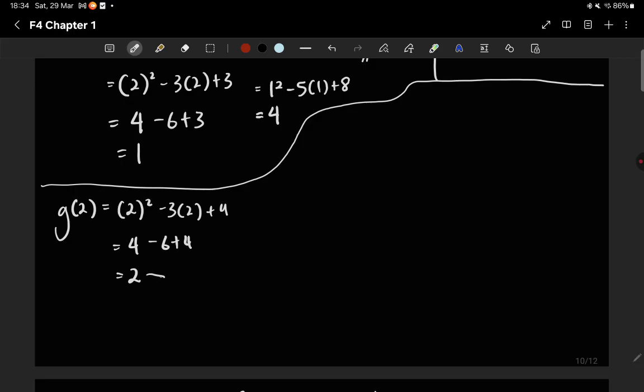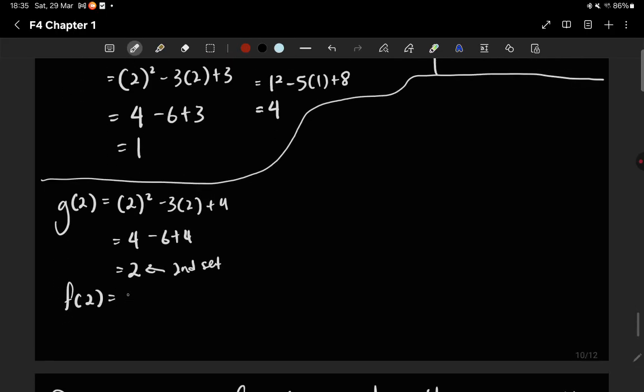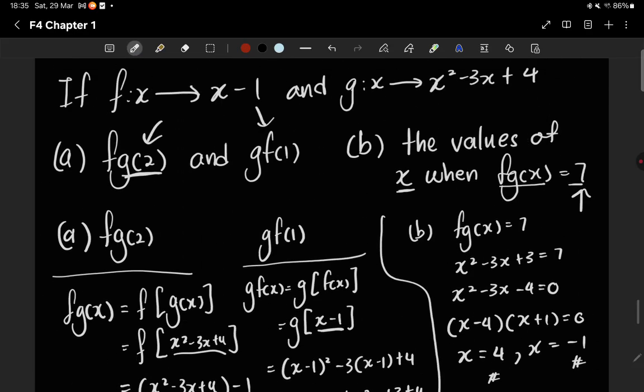So this will be the value in the second set. And all I need is to sub this into the next function, which is f of x, as x minus 1. So it becomes 2 minus 1, which gives us 1. Don't you realize that we get the same answer? So that's pretty interesting, right?